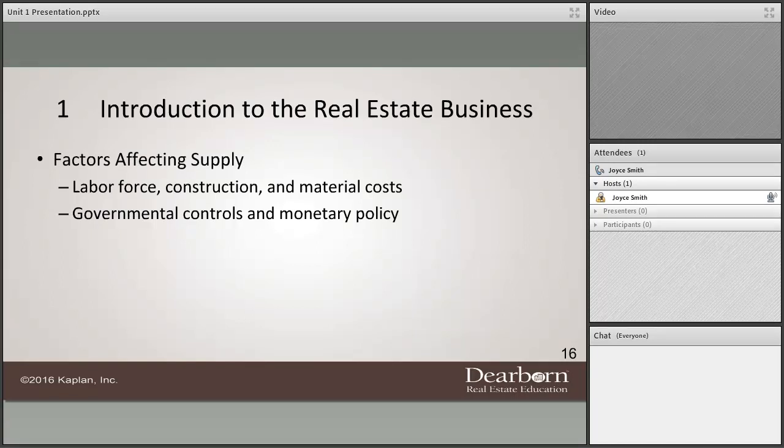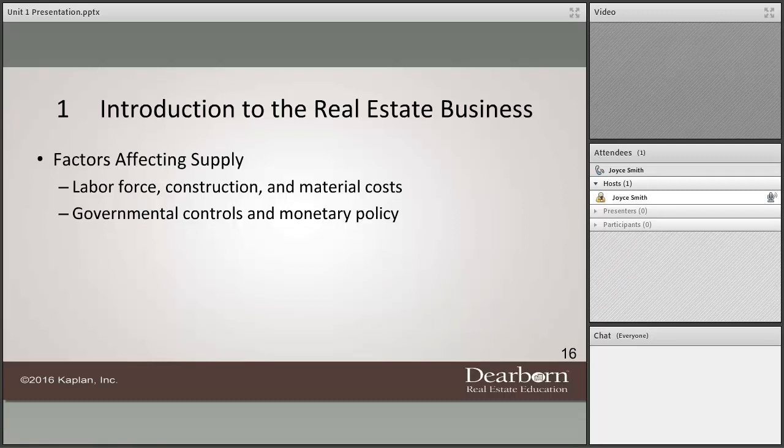Factors that affect supply and demand. Think about our marketplace here in Cincinnati, and how we survived the Depression and what the Cincinnati Industrial Valley, the Mill Creek Valley, was many years ago. Lots of that has changed. We aren't the manufacturing environment we used to be. So things that affect our supply would be the labor force, and the construction and material costs. We also have government controls and monetary policy.